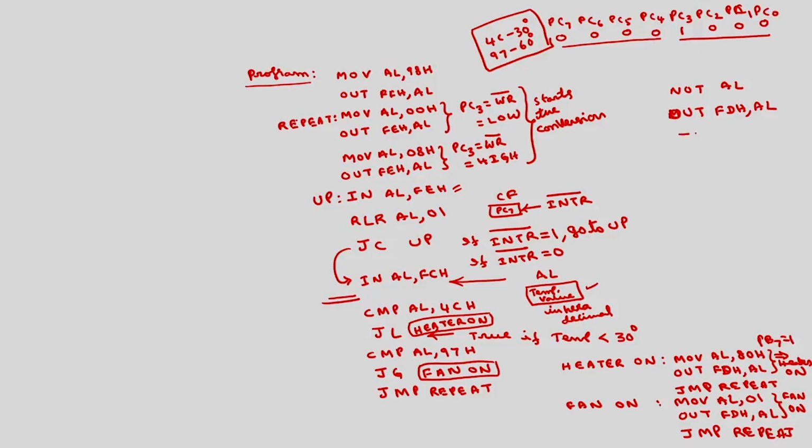Then you have to repeat the process, jump onto repeat. We are just complementing this AL value, the temperature value, and giving it to port B, which is connected to the heater. Thereby the heater temperature will be controlled, which controls the temperature of the furnace.